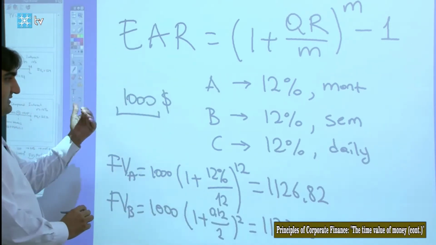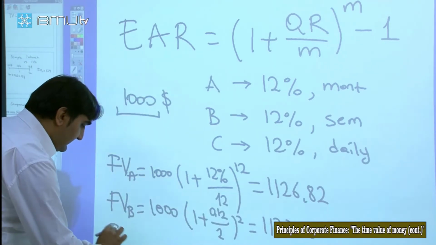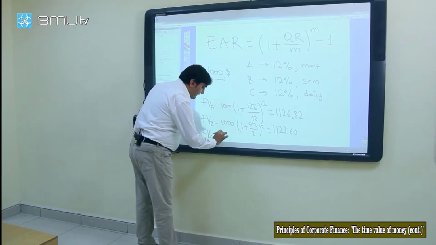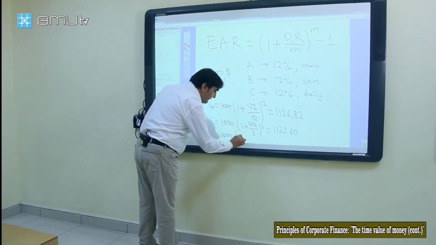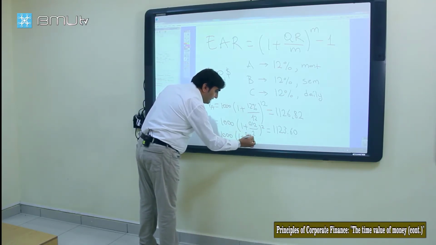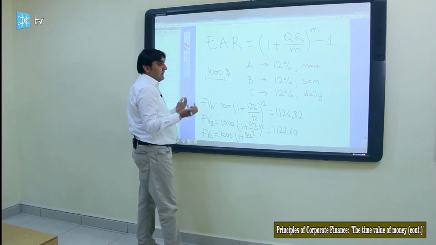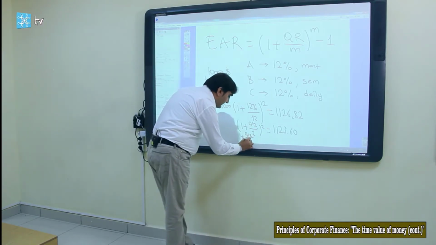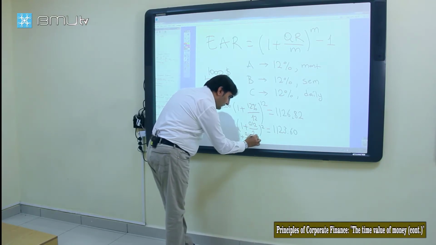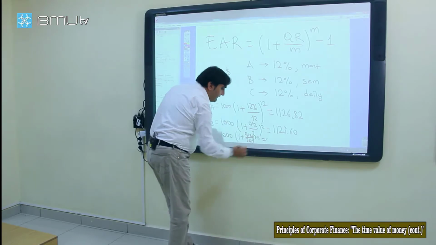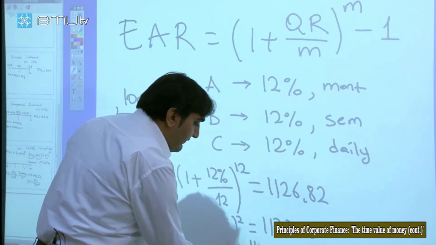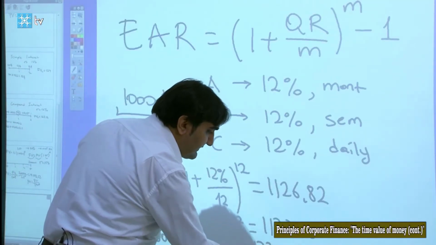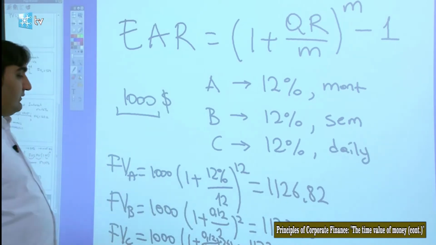And for option C, the future value at the end of 1 year will be 12% divided by daily, we have 365 days in a year, to the power of 365, and this will be 1127.47 at the end of the year.